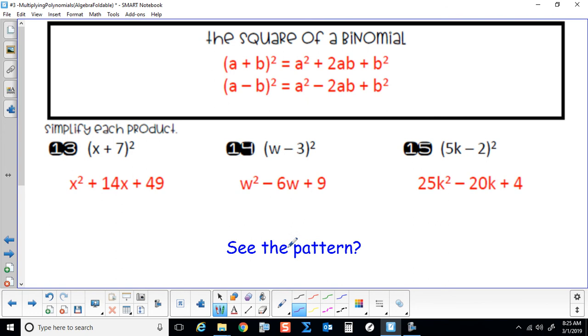All right, so do we see the pattern here? This is squared, multiplied and doubled. Squared, squared, multiplied and doubled. So that's the square of a binomial.